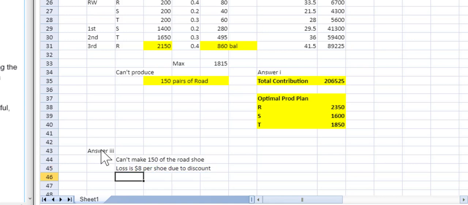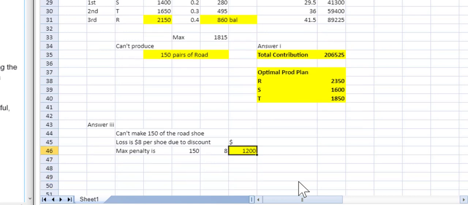So basically the maximum penalty is 150 times by 8, which equals that times that. So the maximum penalty, $1,200. Okay, so we can put that in bold, underline it, everything to make them know that's the answer. So that's 1 and 2 done. So that would be 11 marks.